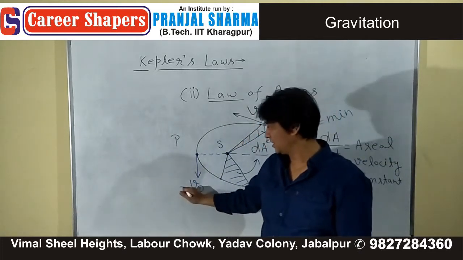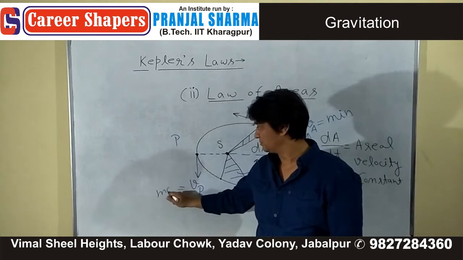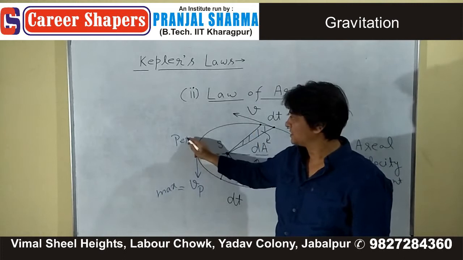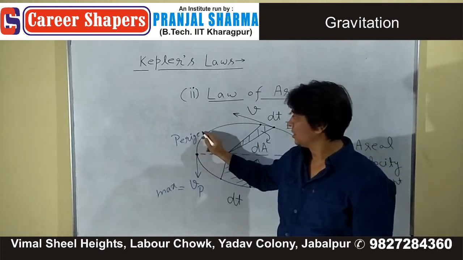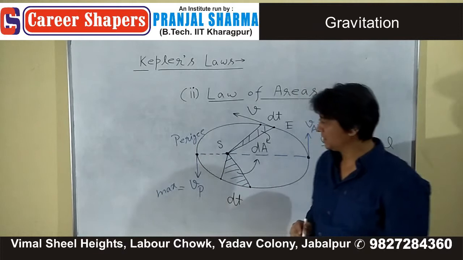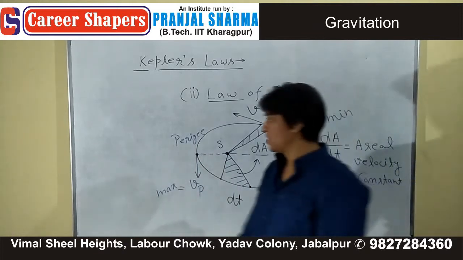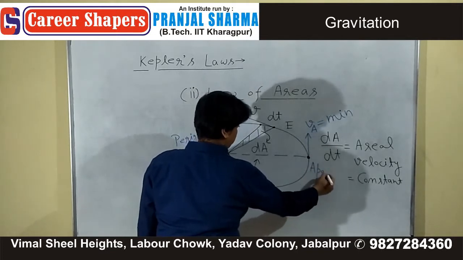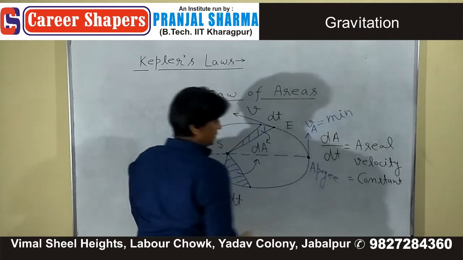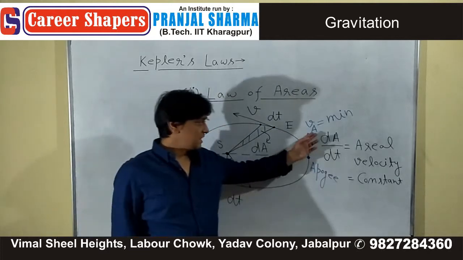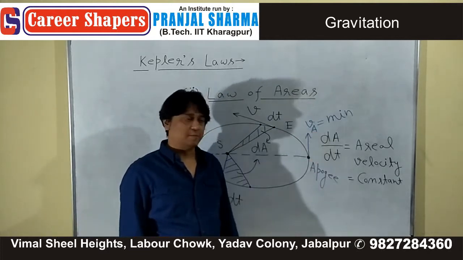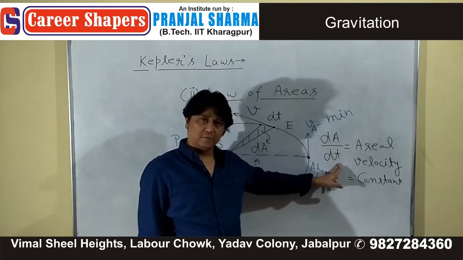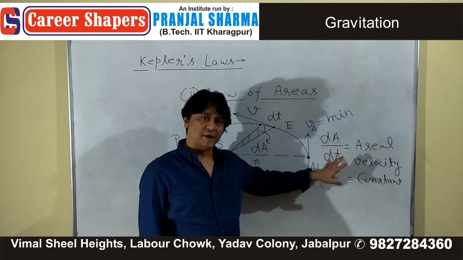This vp is maximum. So when a planet is at perigee, closest point from the Sun, velocity is what? Maximum. When a planet is at apogee, farthest point from Sun, its velocity is what? Minimum. We can also find this dA by dt with the help of angular momentum.